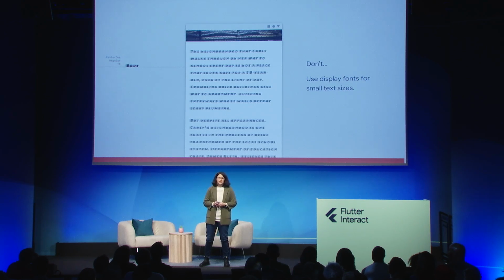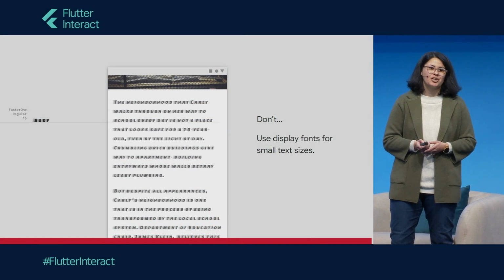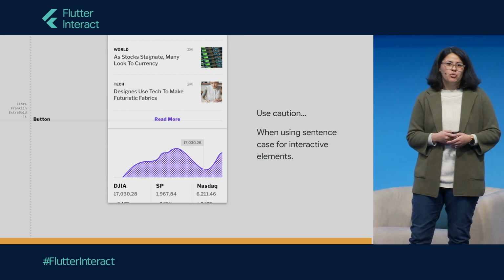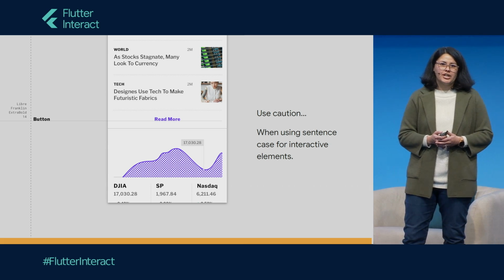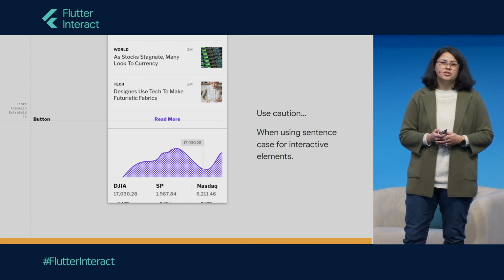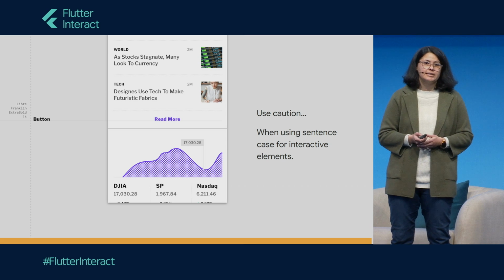But don't use display fonts for small text sizes. Legibility is still really important, ensuring that your users are still able to read what's going on in the page. And one of the things that we did enable you to do is change the button case. But one of the things that we want to caution you is to ensure that you are providing enough affordances so that the user knows that it is an action that they can take.